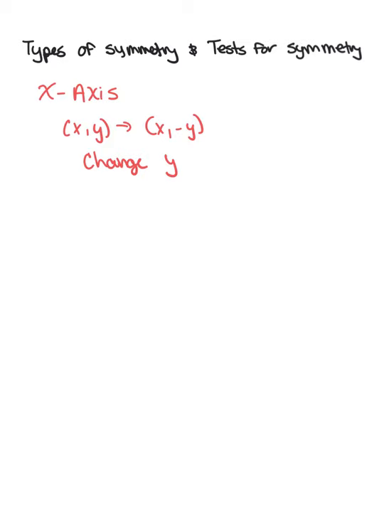So, for instance, if we have 4 times (x plus 3) squared plus y squared is equal to 16.